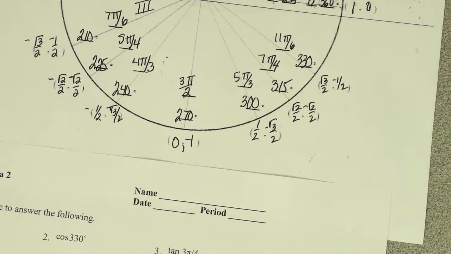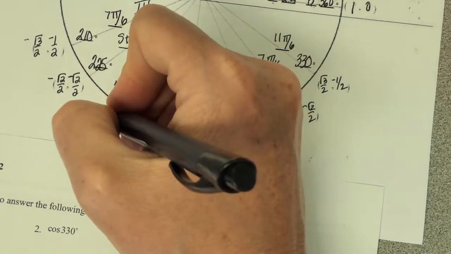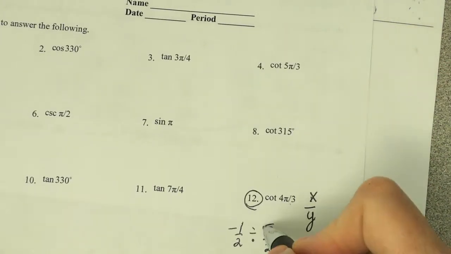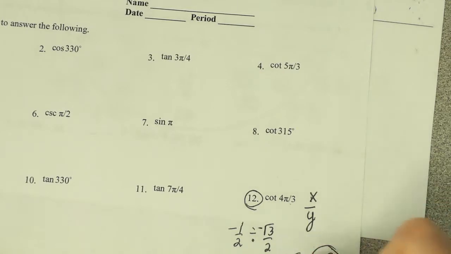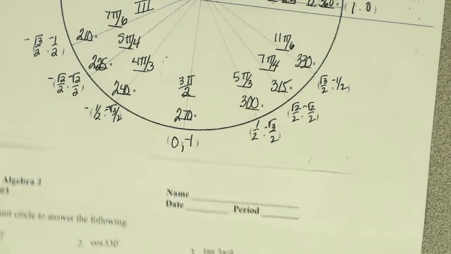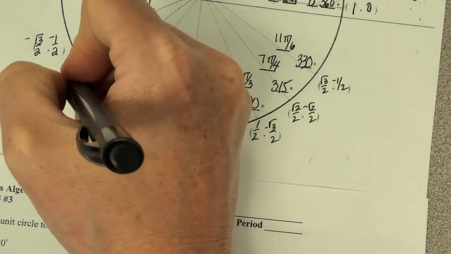Oh, yeah, I didn't see my negative there. Thank you. Yes, that is a negative. So it's going to be positive radical 3 over 3. Make sure you can see those. Mine are a little hard to see when it's a radical. They're there.